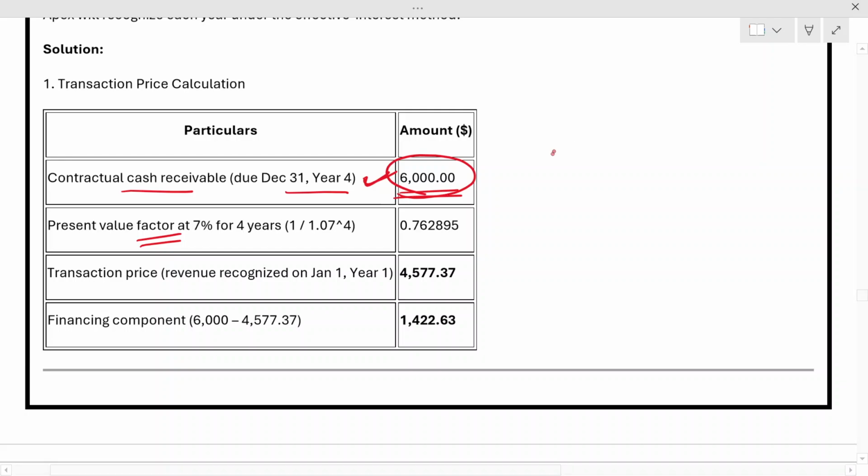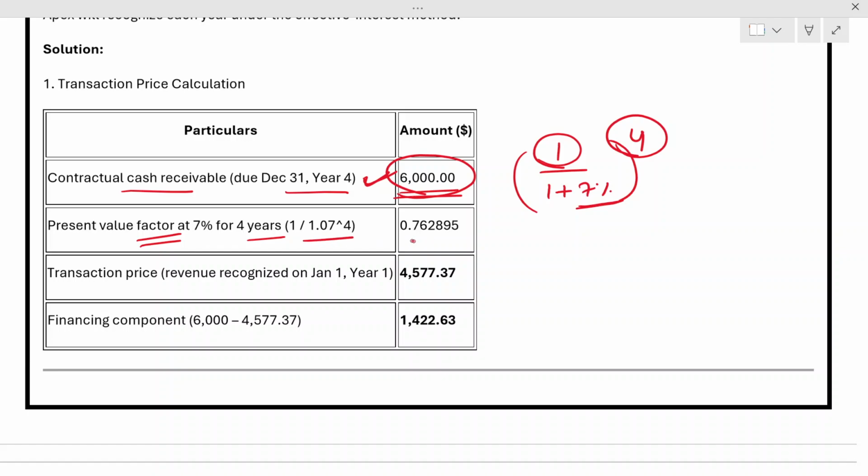To calculate the present value after 4 years, you will say 1 divided by 1 plus 7% to the power 4, because this simply calculates the value of 1 rupee after 4 years at the rate of 7% interest. When you calculate this number, you will get 0.7628. This is the present value factor.